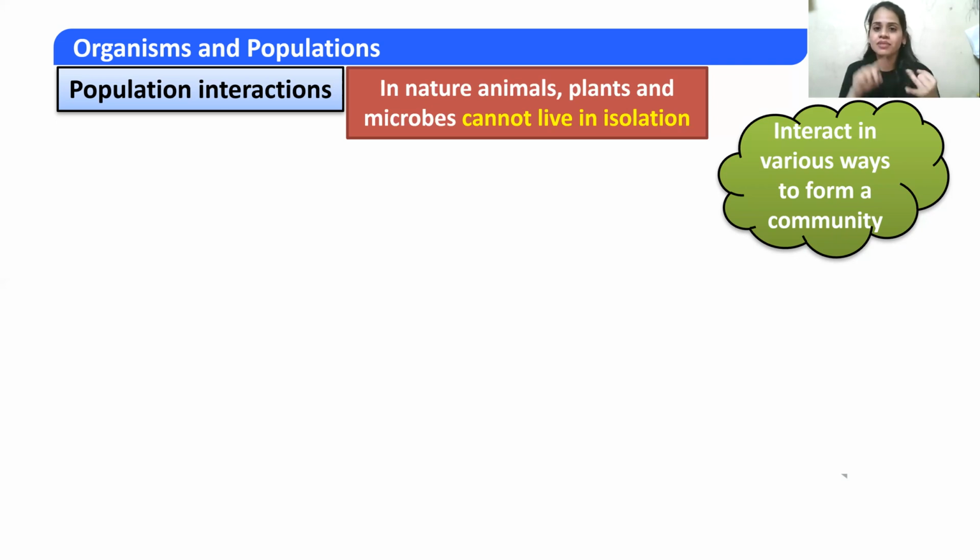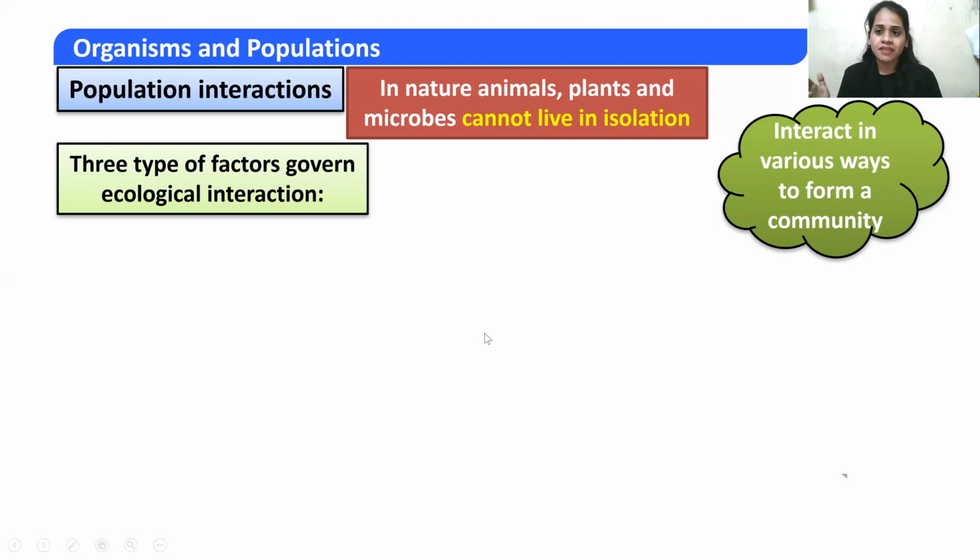Same way, animals, plants, and microbes all interact with each other. Somewhere or the other, they are dependent on each other. Interaction could be in various forms. There would be a time where they benefit from each other, or they may harm each other, and many more interactions, which we are going to talk about in the subsequent slides.